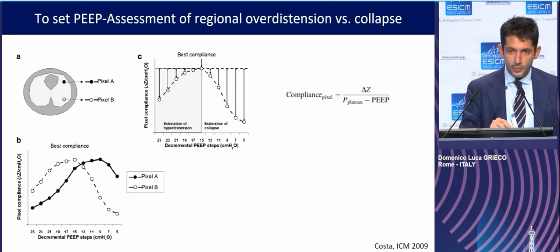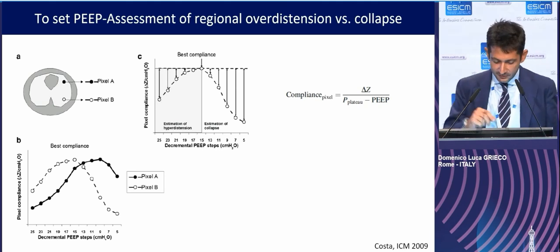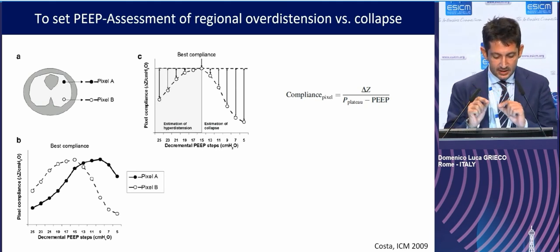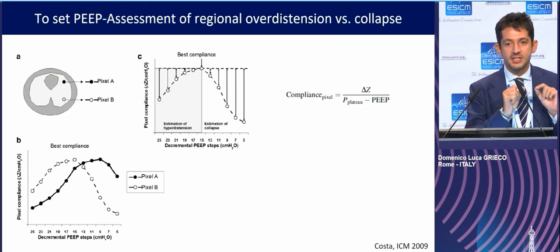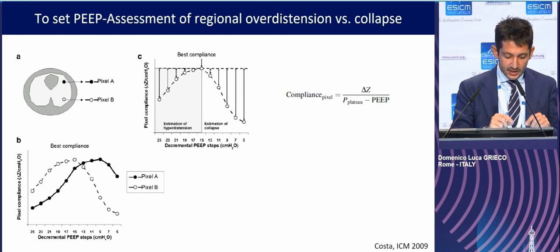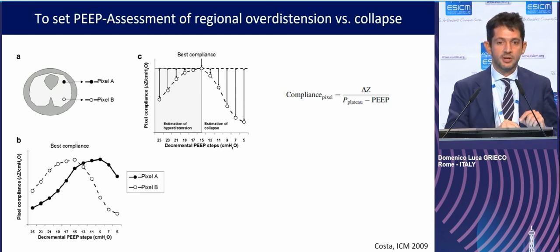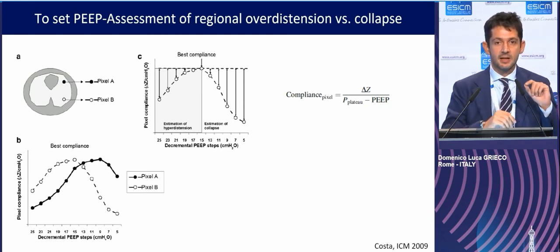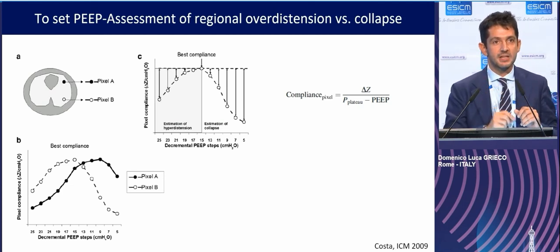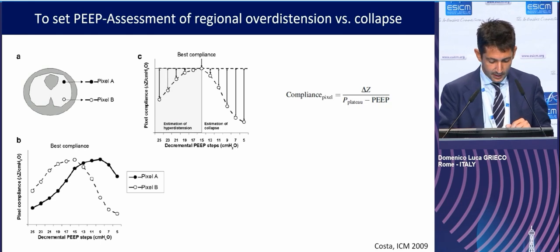Then, if we go to the following figure, we can essentially define for that pixel the entity of overdistension and collapse according to the ratio of the compliance measure for each PEEP level for that pixel divided by the optimal compliance for that pixel observed in the PEEP trial.